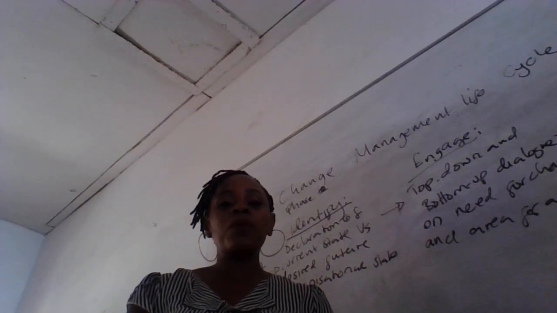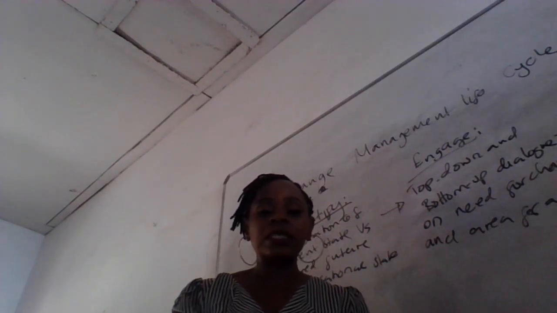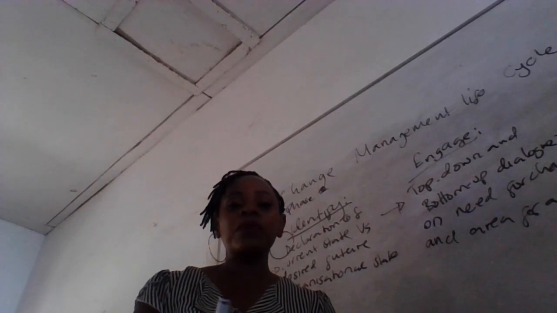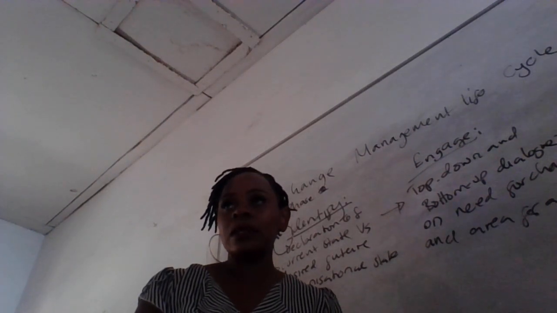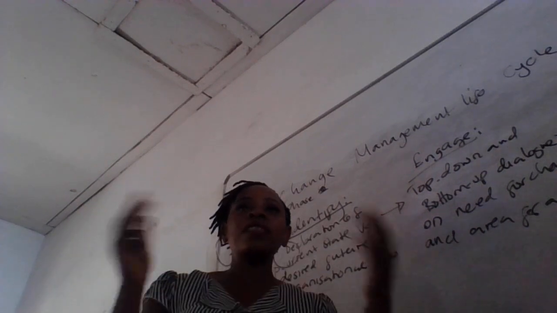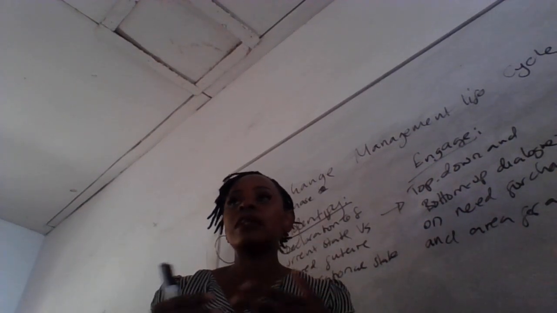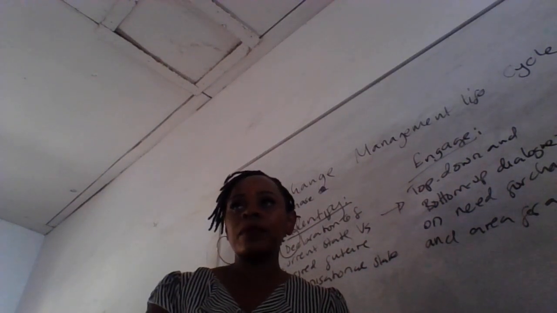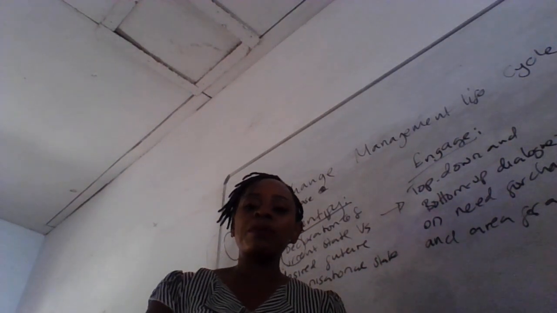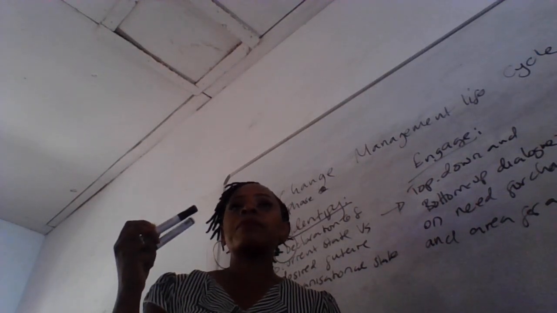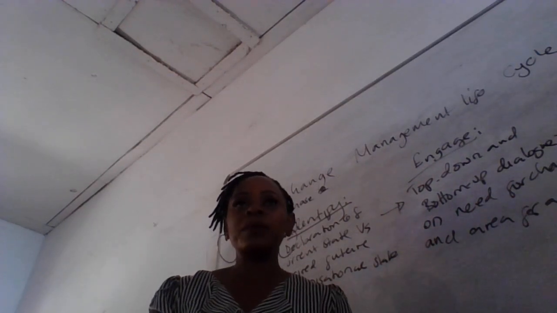The people who will be executing the strategy, as well as the people who will be impacted by the strategy, should be included in the strategy development. So after the workshop, you need to make sure that you come up with an implementation strategy. The people that are going to be impacted by the change should also be involved in developing the strategy.